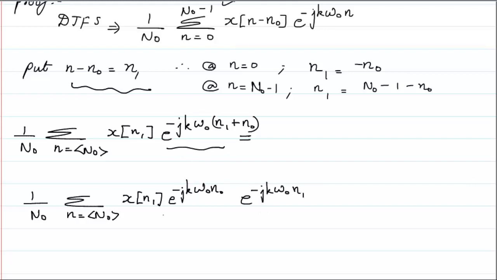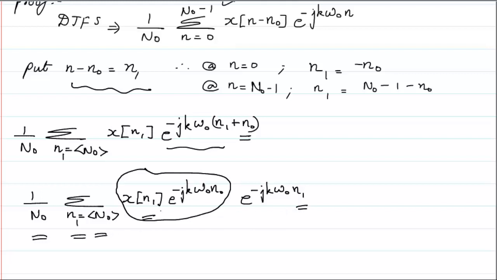So here I forgot to write one thing, this limit has to be now n1. Okay, so n1. So now see here, this summation is with respect to n1, x of this is with respect to n1, this is also with respect to n1. So in a way this is basically the DTFS of this function. Am I correct? The remaining portion is as you see in a DTFS equation, correct? So it is basically the DTFS of this equation.